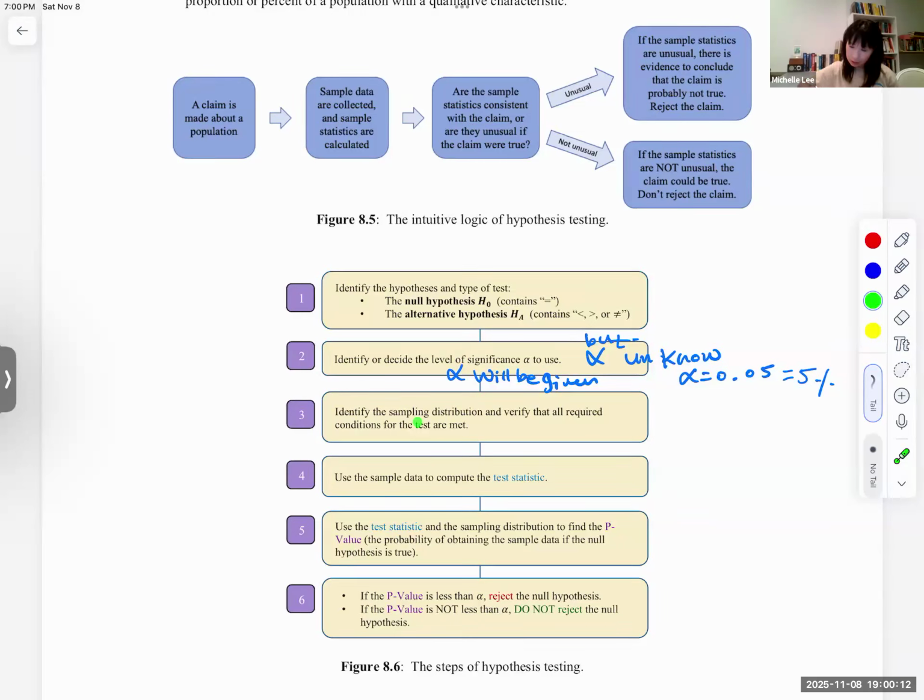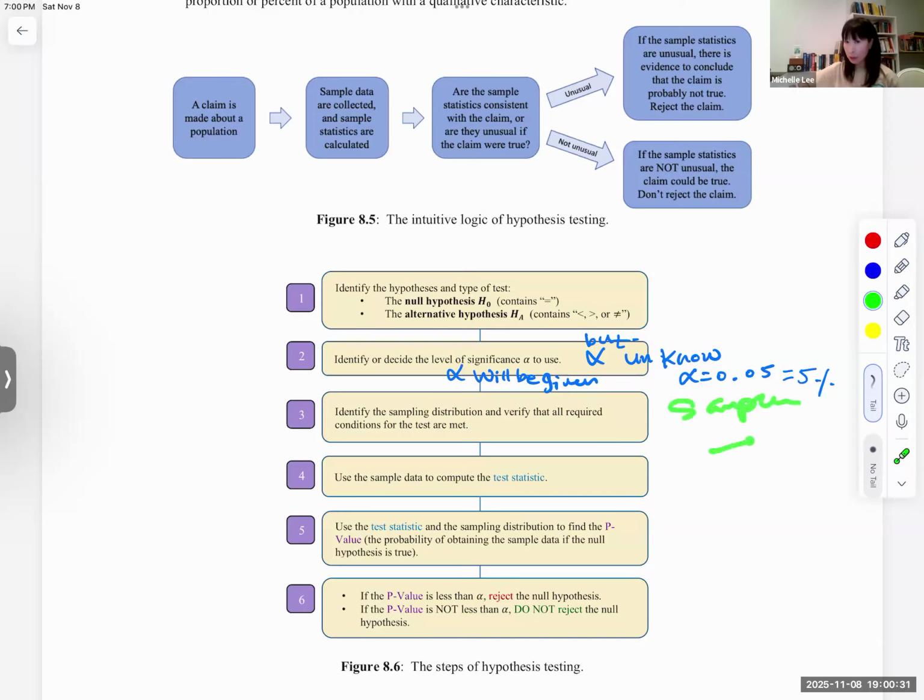Yeah, so the sampling distribution means the p hat equal to p, population proportion, right? Sigma sub p hat equal to square root p times 1 minus p over n, right? Yeah. And then sample size.